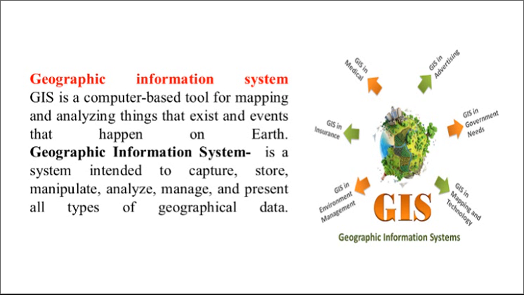Or Geographic Information System is a system intended to capture, store, manipulate, analyze, manage and present all types of geographical data. GIS plays a very important role in different fields.